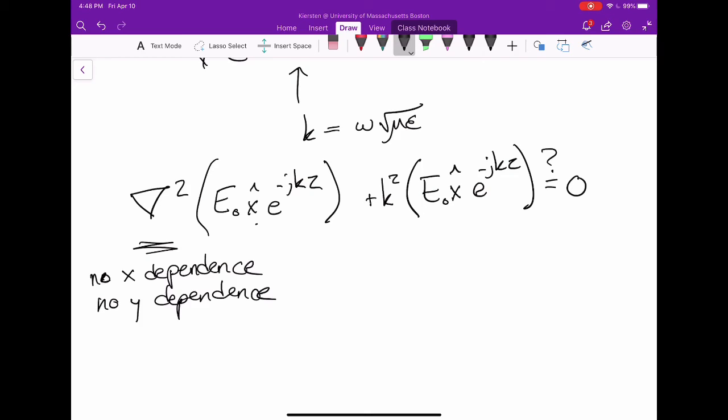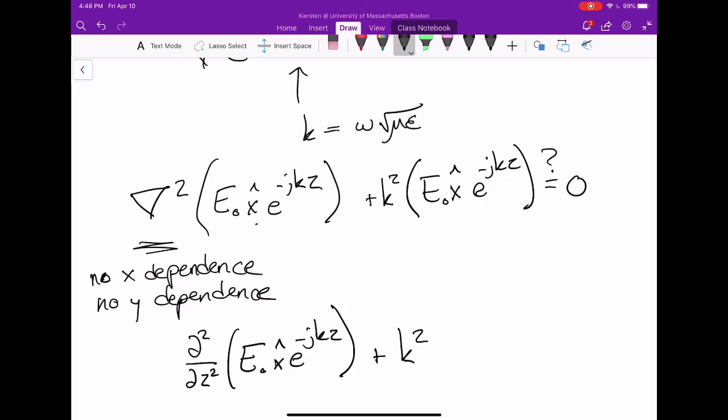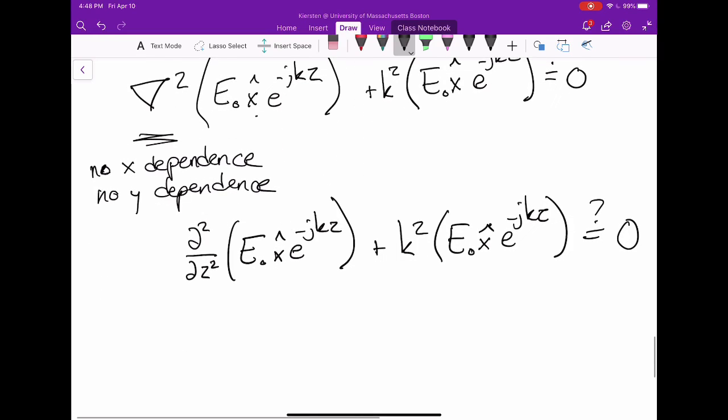So then what we've got to do is second derivative with respect to z of e naught x hat e to the minus jkz plus k squared e naught x hat e to the minus jkz. Is that equal to 0? When we do this second derivative, we do the first derivative, you get a minus jk. You do the second derivative, you get a minus jk e to the minus jkz.